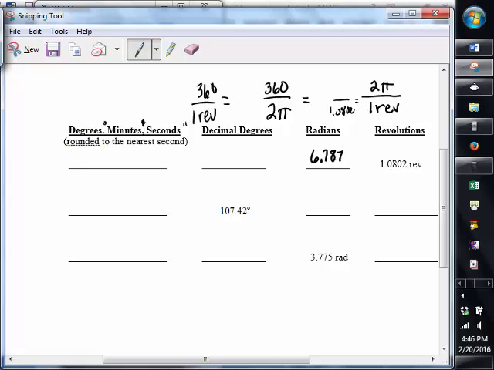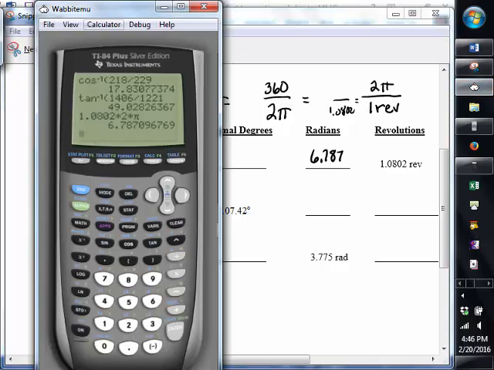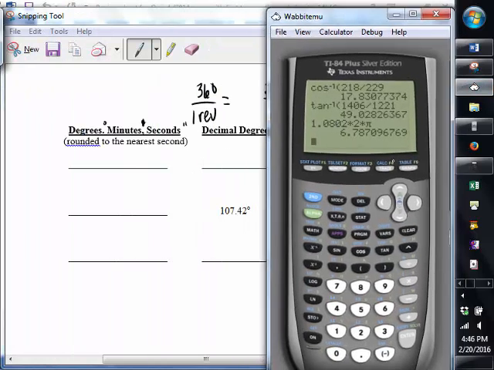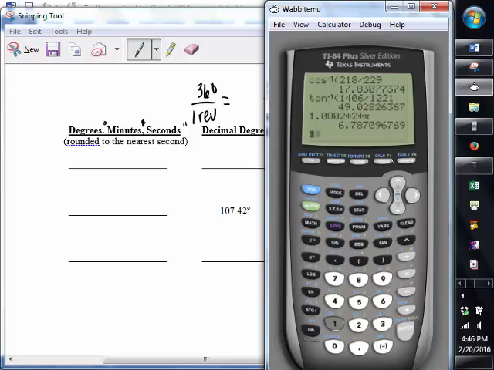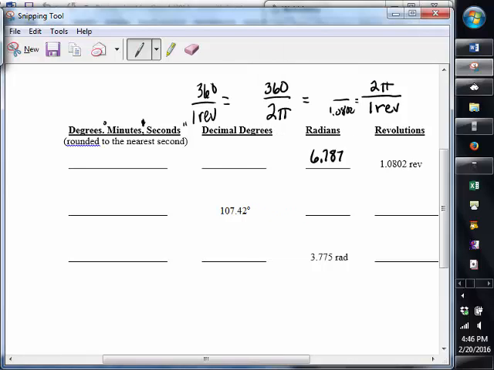Okay, now we've got it. So we would take 1.0802 times 360 divided by 1, which you don't need to do, and you get 388.872 decimal degrees.